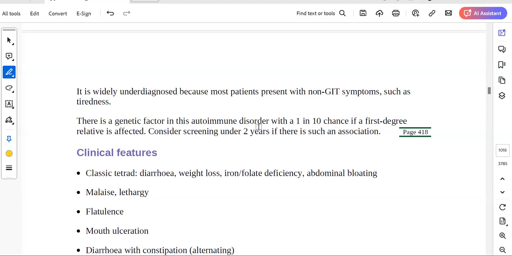You know the small villi on the intestine, which absorb the food and nutrients. Those villi can get flattened because of an autoimmune reaction. So basically, celiac disease is an autoimmune condition in which the antibody attacks these villi and makes them flat so that they cannot absorb the nutrients.